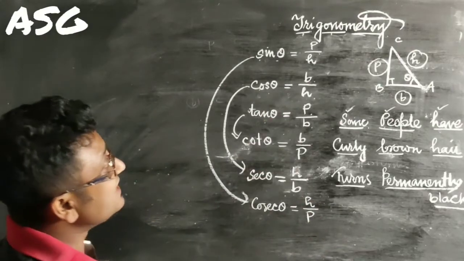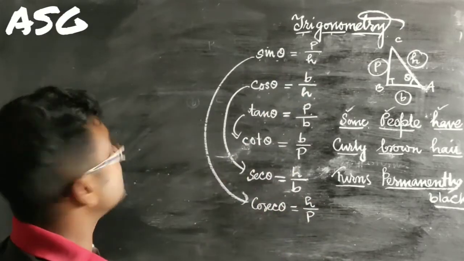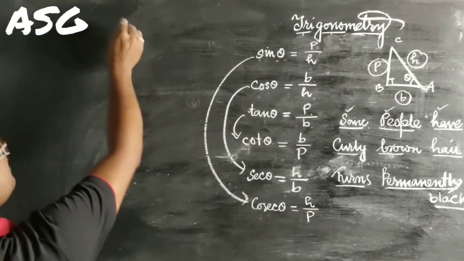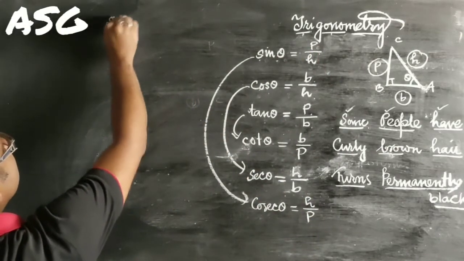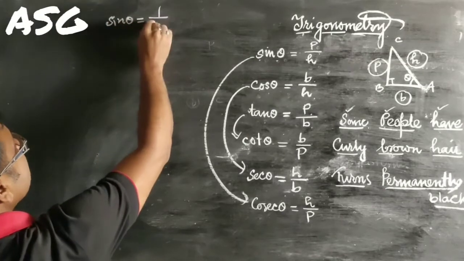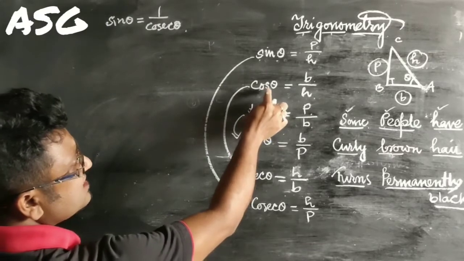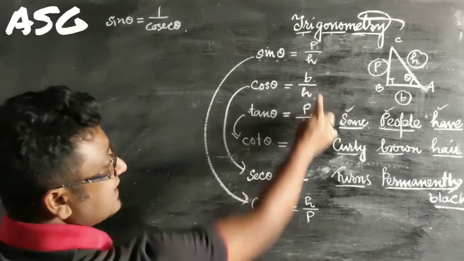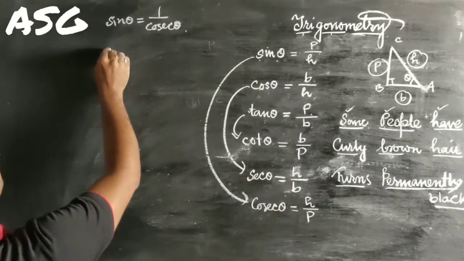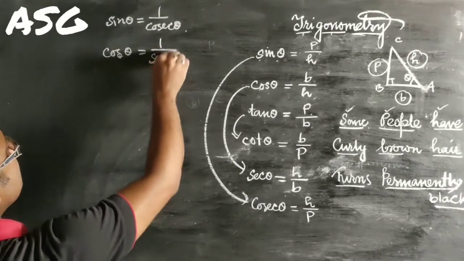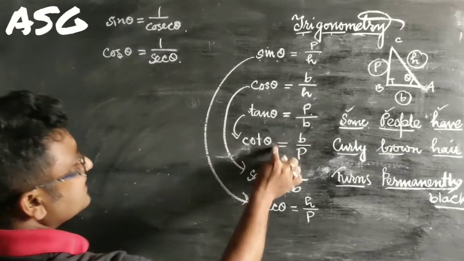After knowing this, you can relate them. How sine and cosec related, all of you have seen now. Sine P by H, cosec H by P. So I can write sin theta equals to 1 by cosec theta. What is the relation between cos and sec? B by H, H by B. So all of you can write yourself only now. Cos theta is 1 by sec theta. And relation between tan and cot?